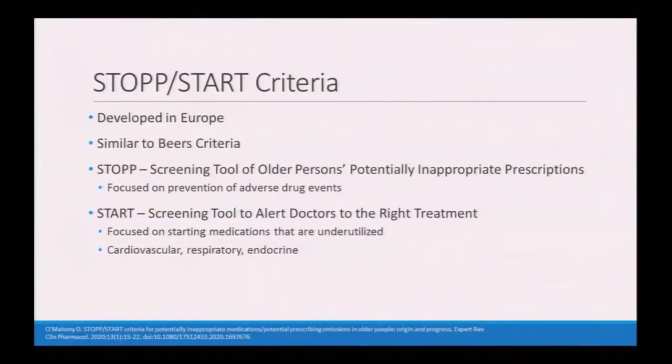The STOPP/START criteria is less popular, especially here in the States, because it was mainly developed and used in Europe. It's very similar to the Beers criteria in that the STOPP criteria focuses more on the prevention of adverse drug events and lists those high-risk medications that maybe we should consider taking a look at, whereas the START criteria focuses more on starting medications that are underutilized. And they specifically break down medications by class.